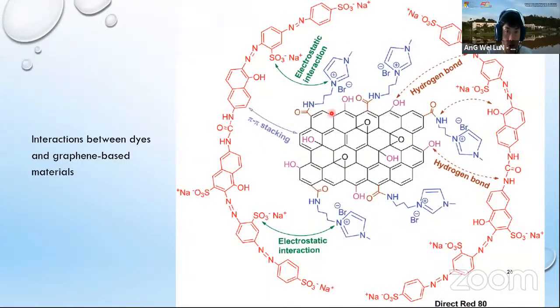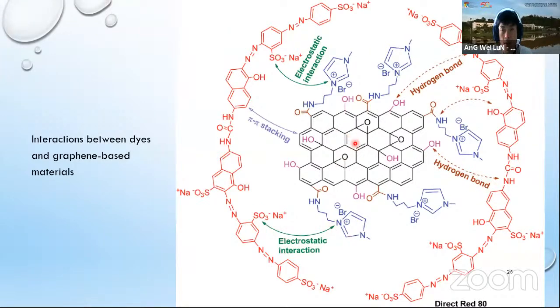So another diagram showing the interaction between the modified, functionalized graphene oxide with nitrogen functional group, and then with a benzene ring. So you see, they can interact with the outer ring, which is actually the dye pollutants. So the graphene oxide composite can interact through pi-pi stacking, electrostatic interaction of the different charge, hydrogen bonding, and then you have other hydrogen bonding as well, and then you have the electrostatic interaction.